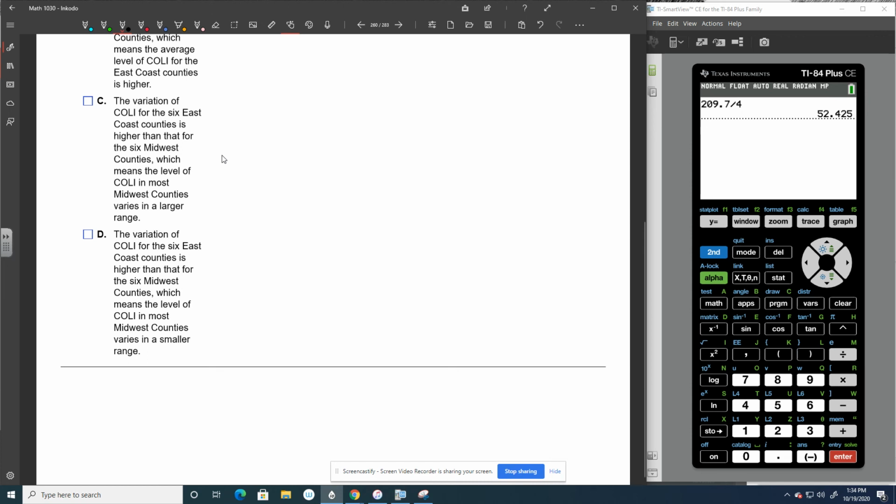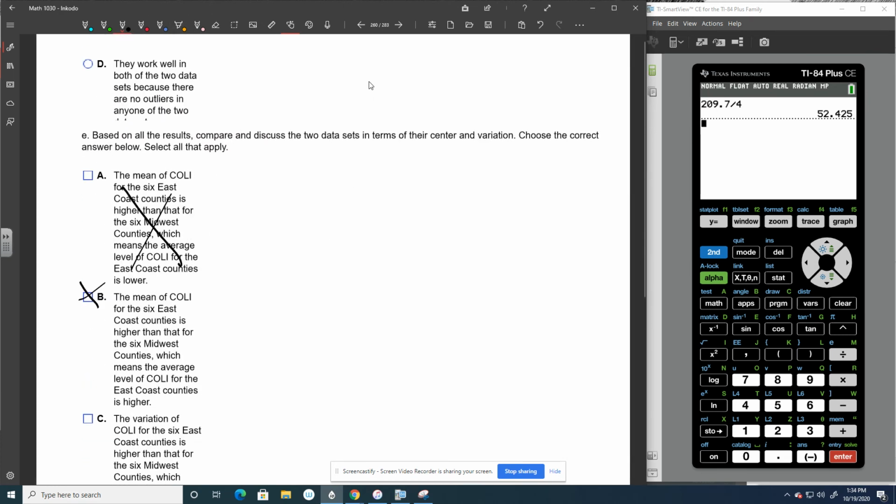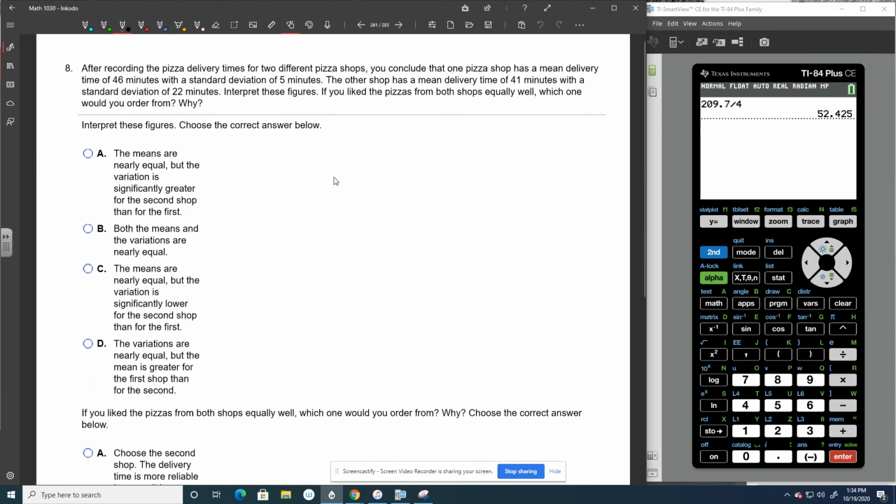Or the variation for the East is higher, which means that the variation is lower in the Midwest. So yes, my variation in the East is higher. So that means that the West varies in a smaller range. Well, duh, that's what it's saying. So, all right, number 8, moving on.